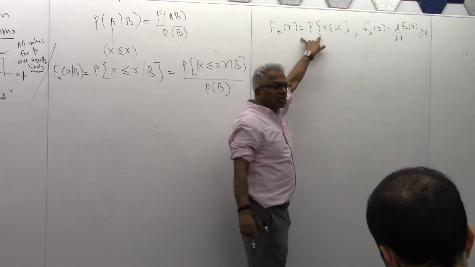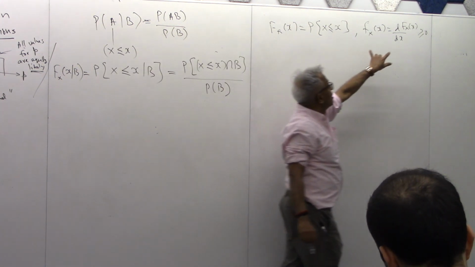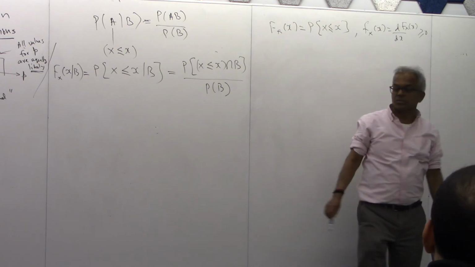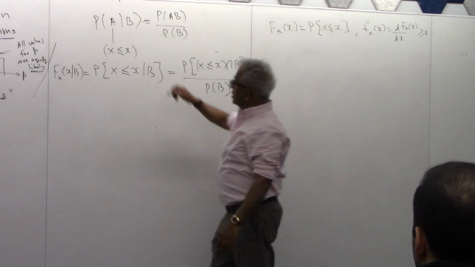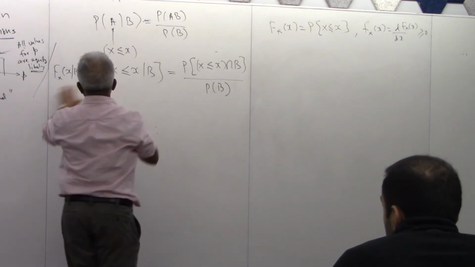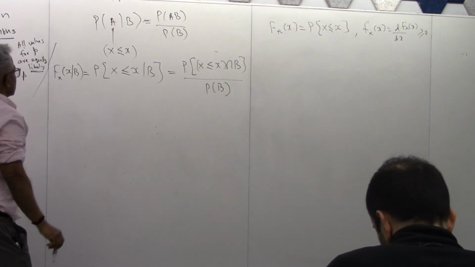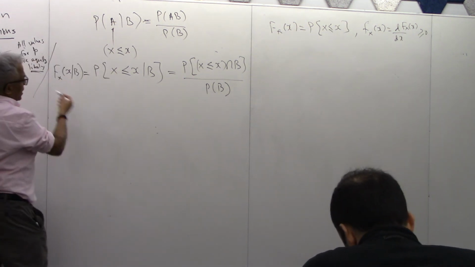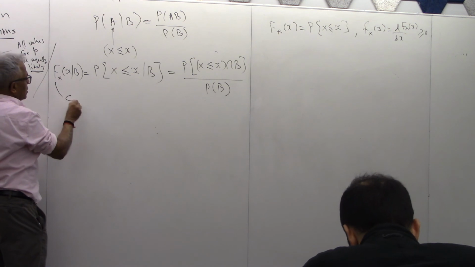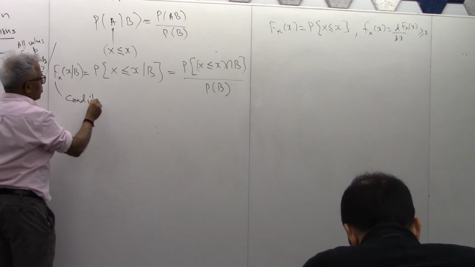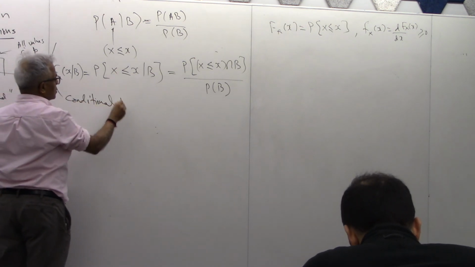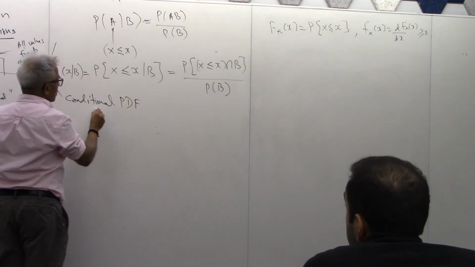So this is the unconditional distribution, unconditional density function. And taking the q from here, we could write like this. And of course, this is the conditional probability distribution function given B.